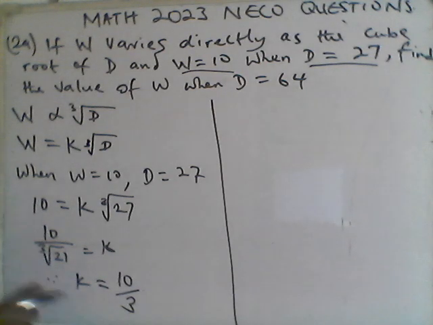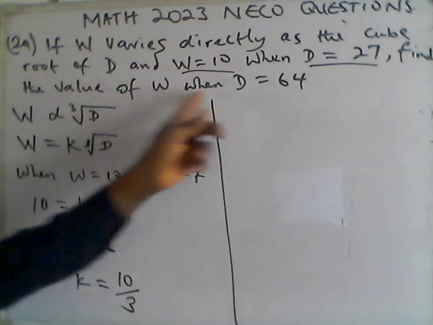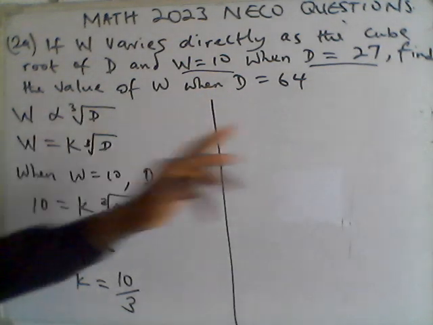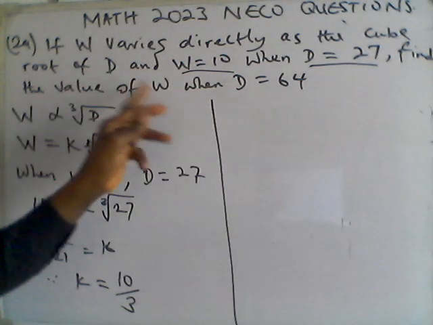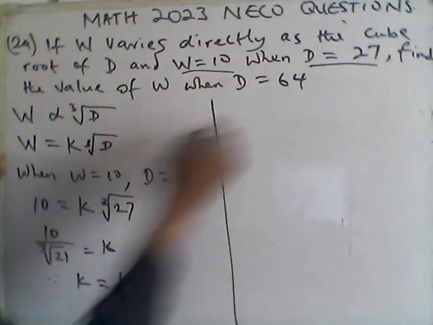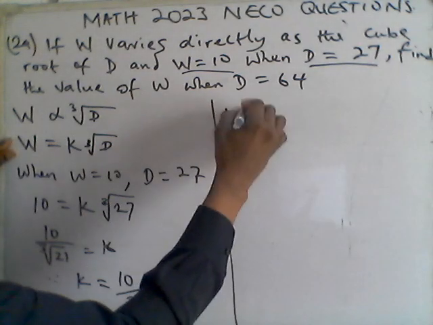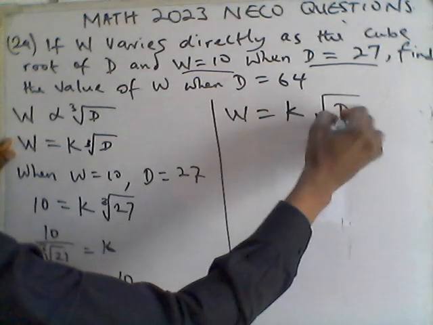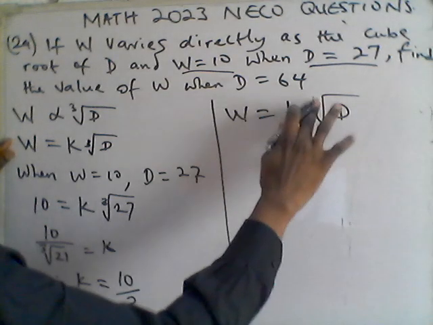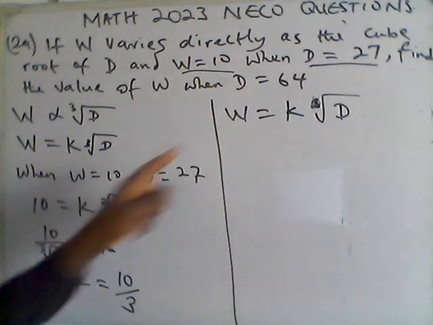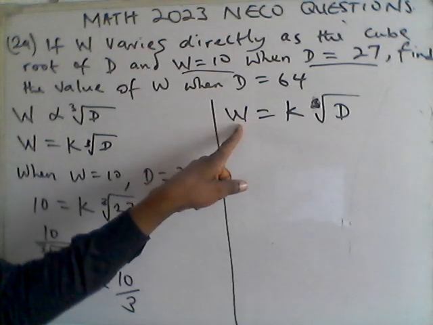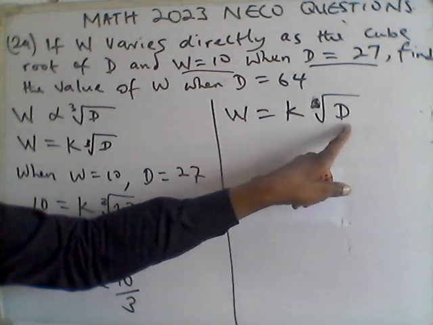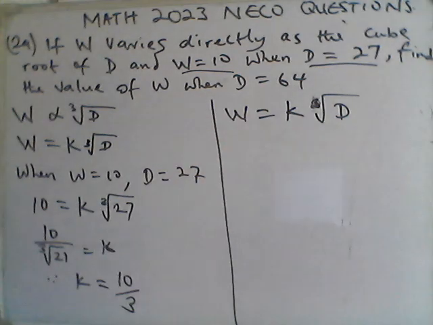This constant, I'm going to use it to test the second relationship. It says that we should find the value of w. So now we bring this one again and say w is equal to k times the cube root of d. We're going to be finding the value of w when d is equal to 64. Already we've gotten k from the first relationship.